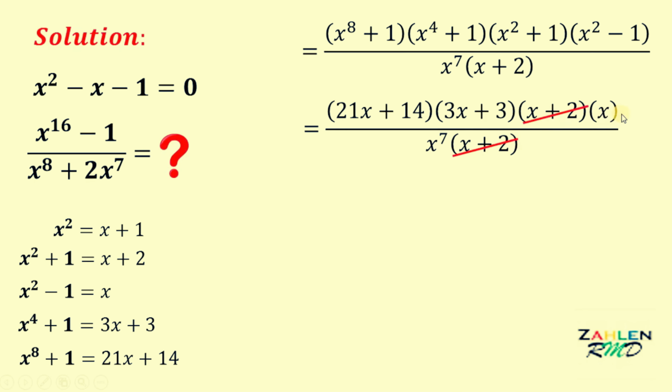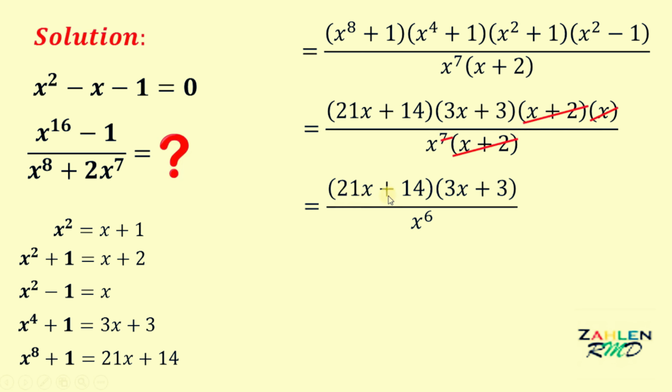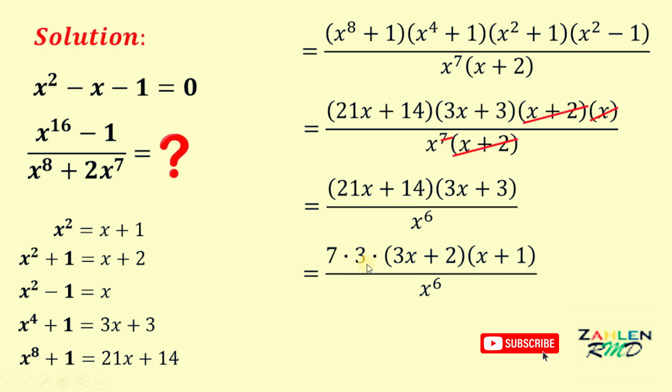Also, we can cancel out 1x on the numerator and 1x on the denominator. Therefore, we have 21x plus 14 multiplied by 3x plus 3 all over x raised to 6. Now, on the numerator, on the first factor, we can factor out 7, and on the second factor, we can factor out 3. Therefore, our numerator becomes 7 times 3 times 3x plus 2 times x plus 1.